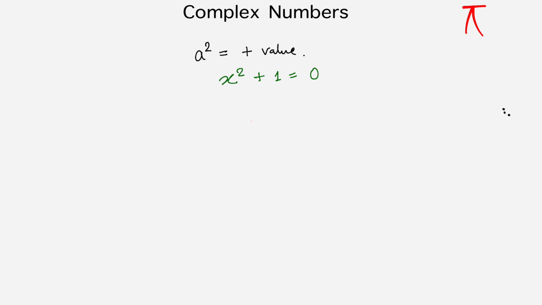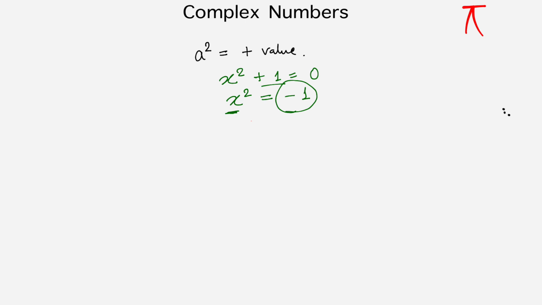If this expression is equated to 0, then x square is equal to minus 1, as the plus 1 goes to the right hand side. So the square of a real number cannot be negative. This we know from our previous study, but there are possibilities.